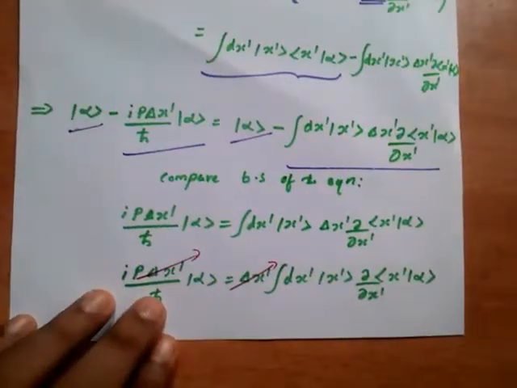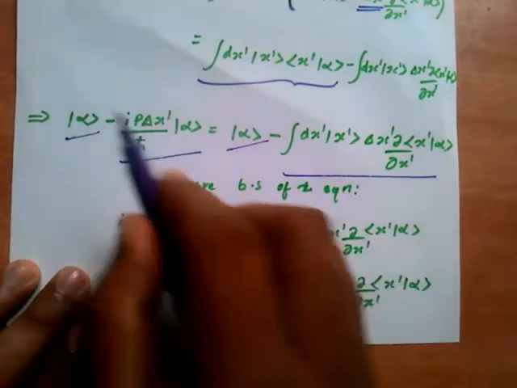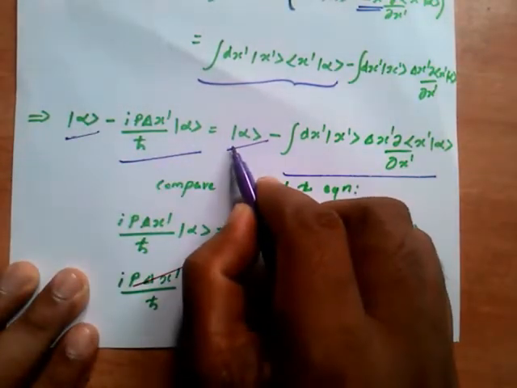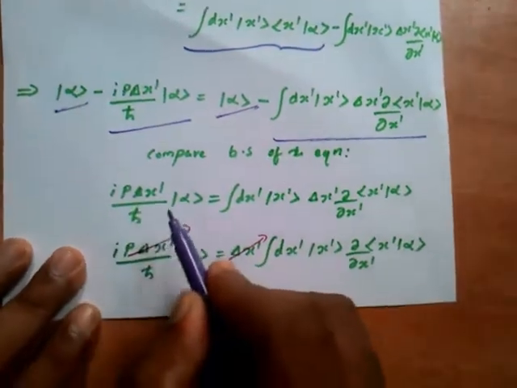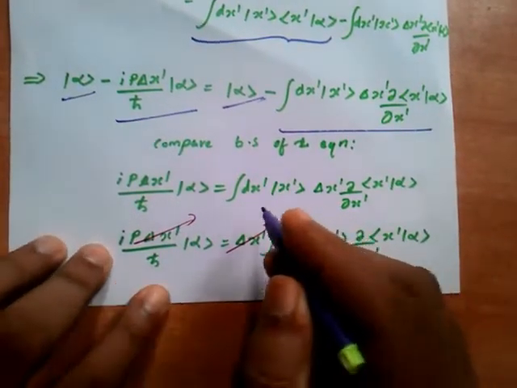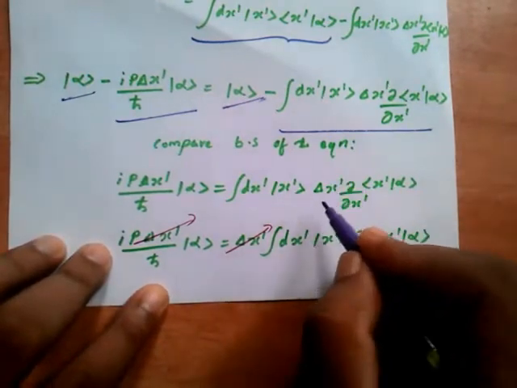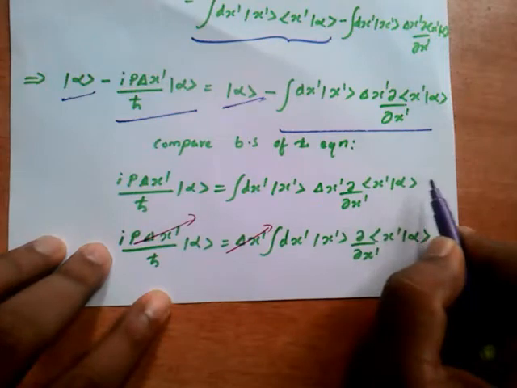Okay, we can compare both sides of this equation. This alpha equal to alpha, and the next term i p delta x dash divided by h cross alpha equal to integral dx dash x dash delta x dash dou by dou x dash of x dash alpha.